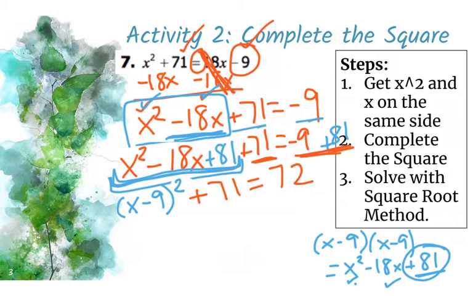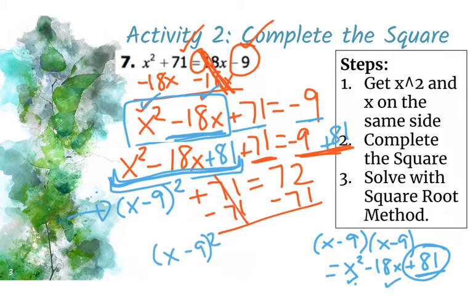All right. So I can't do the square root on both sides until I have the term that's squared by itself. So I just need to subtract 71 on both sides. And I've got x minus 9 squared equals 72 minus 71 is 1.